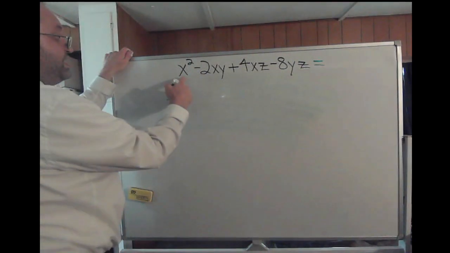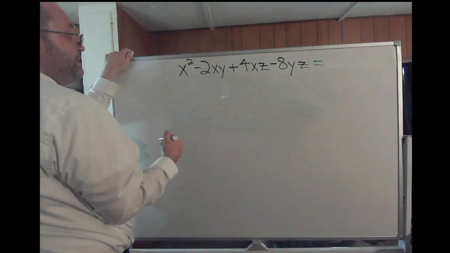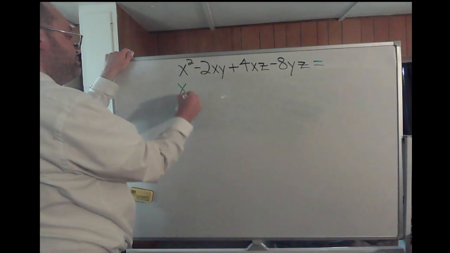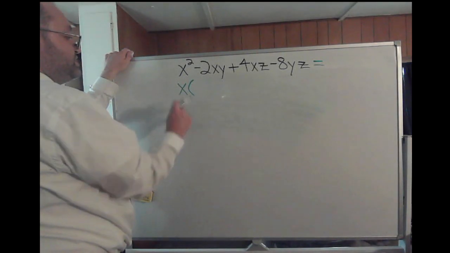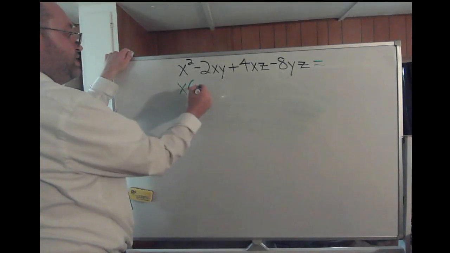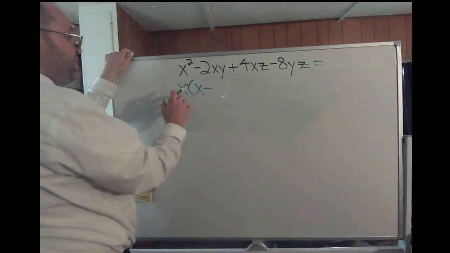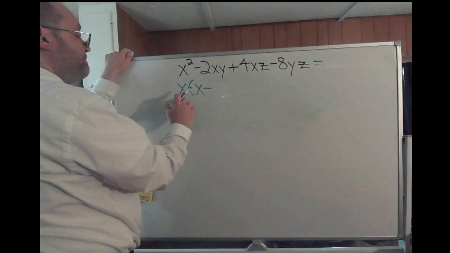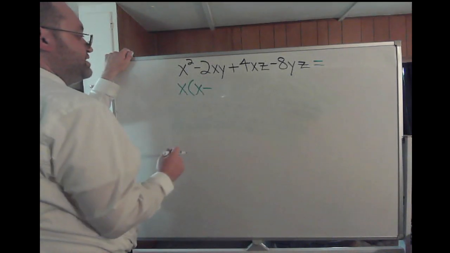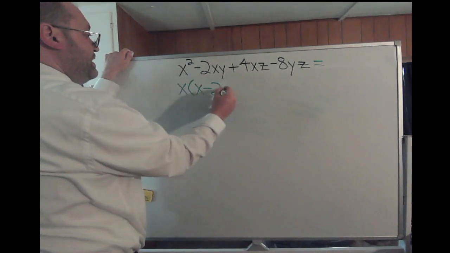Let's start with x squared minus 2xy. There's an x in common between both terms. So x times what equals x squared? That'd just be x minus, we have x times what equals 2xy? Well, that would just be 2y.